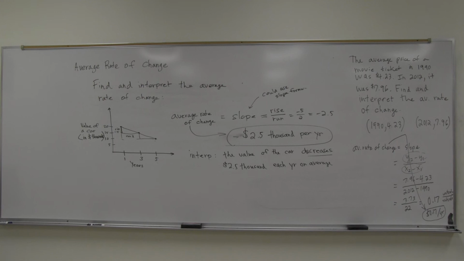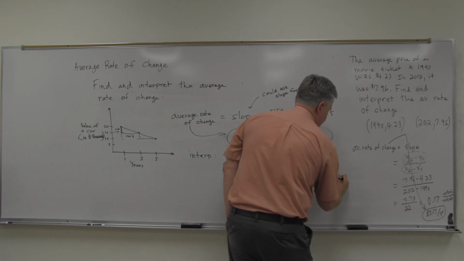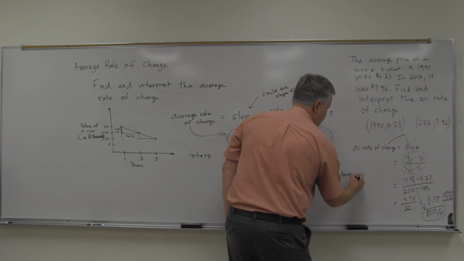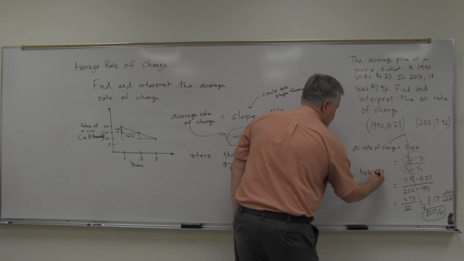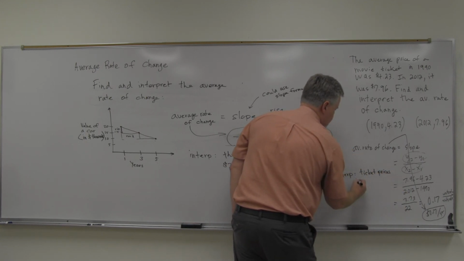So how do we interpret that? Well, the same basic way. We're talking about ticket prices, and this is the average rate of change. So the ticket prices increased 17 cents per year on average.